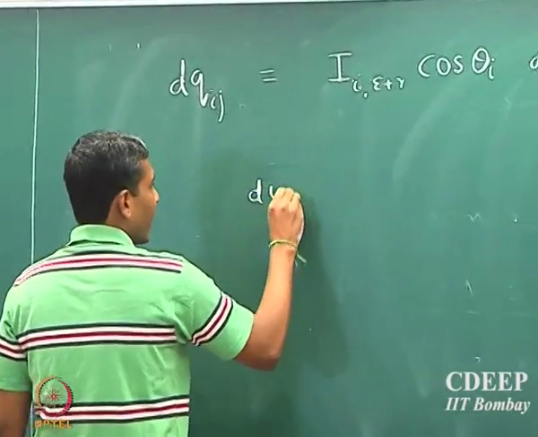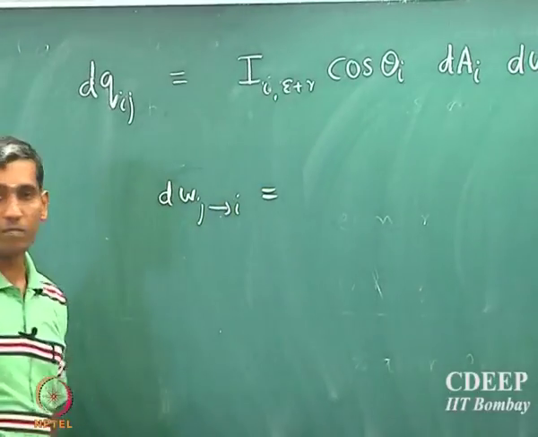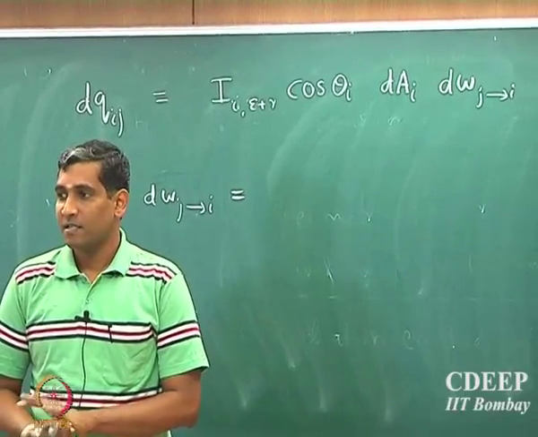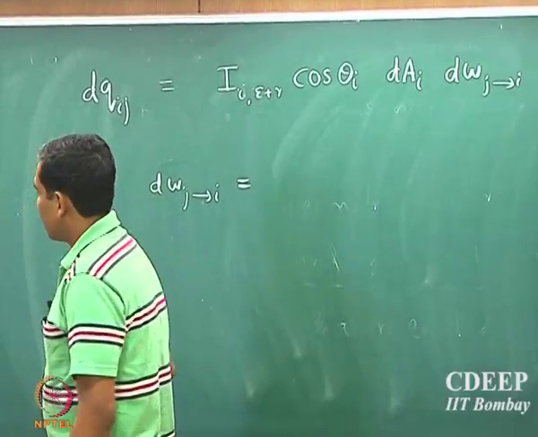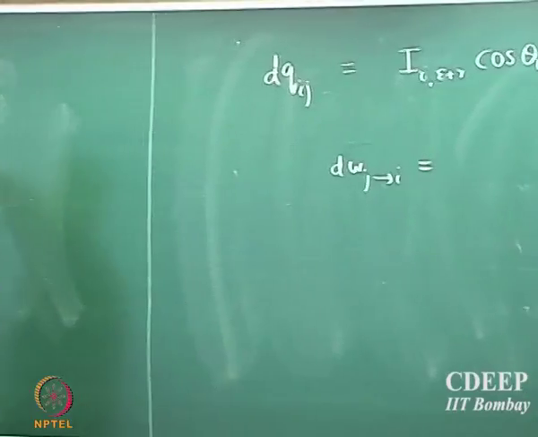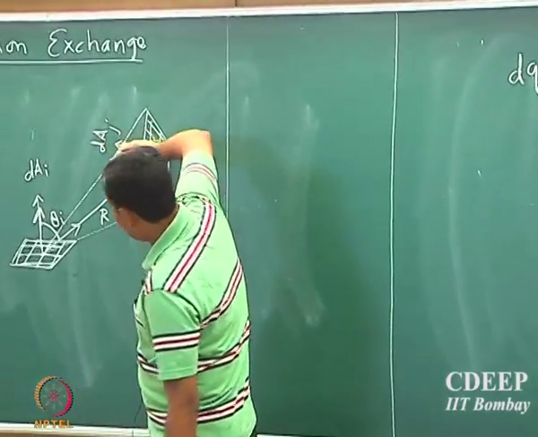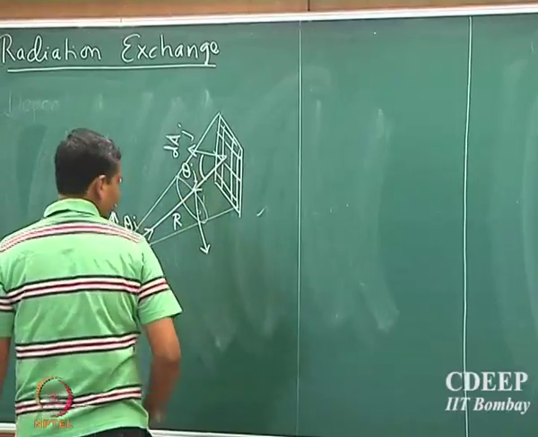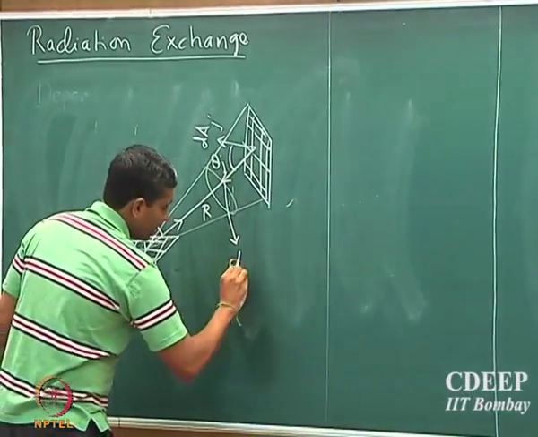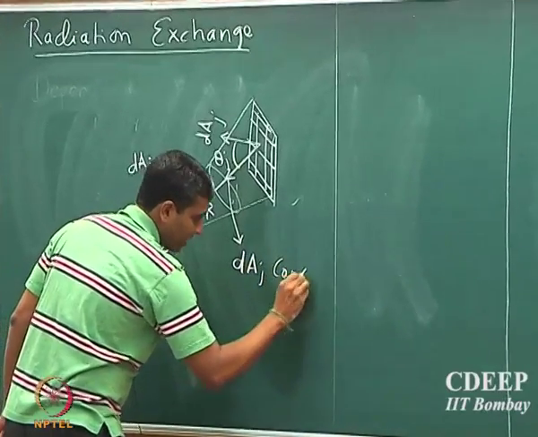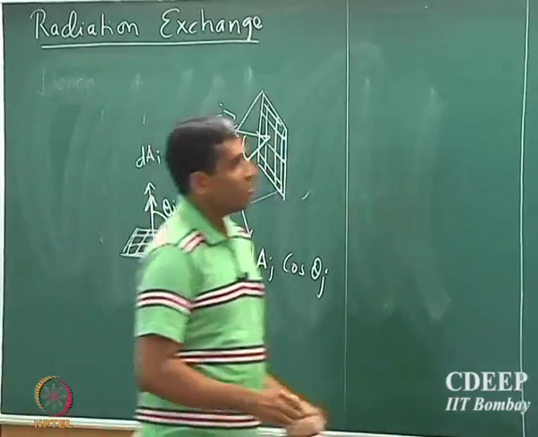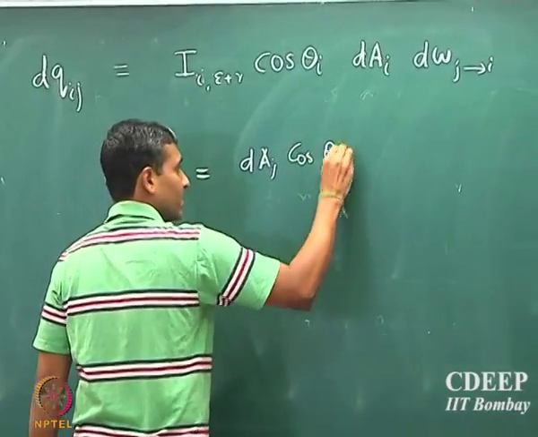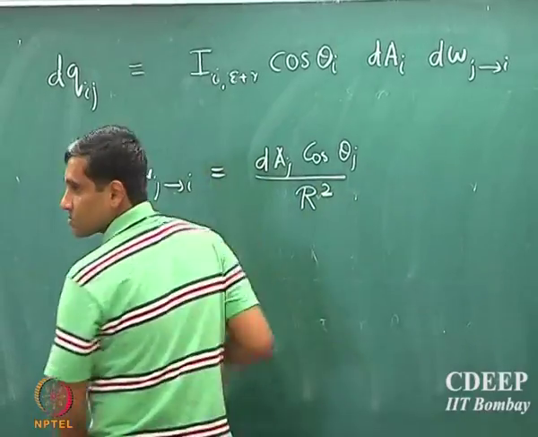What is d omega ji? What's the differential solid angle? What's the definition of solid angle? Note that dAj is pointing in the normal direction, so the area which is pointing towards the emitting surface is dAj cos theta j. So the solid angle is dAj cos theta j divided by r squared.